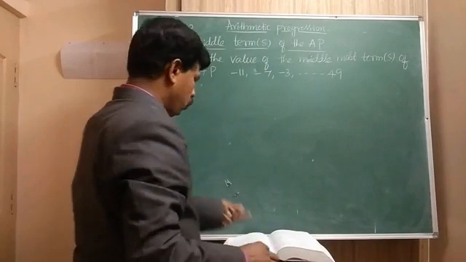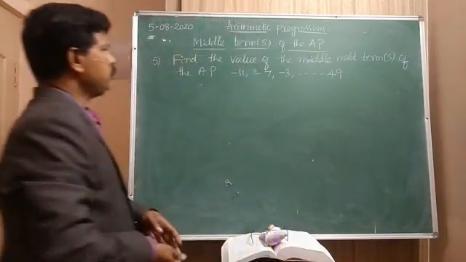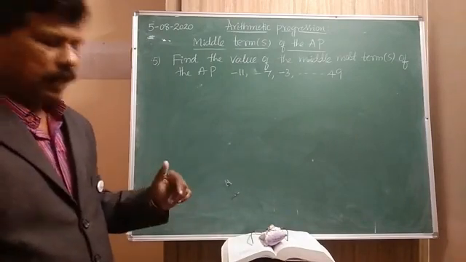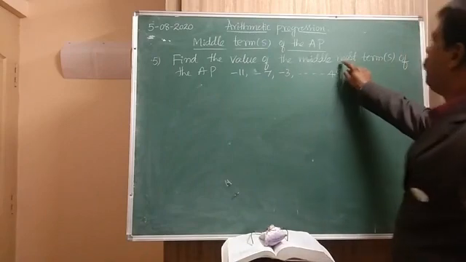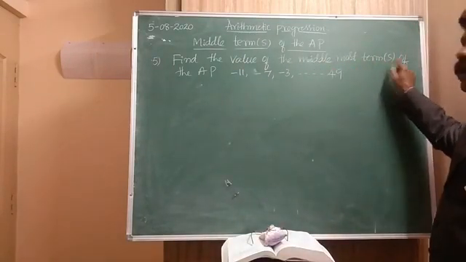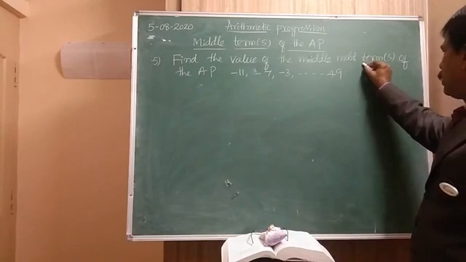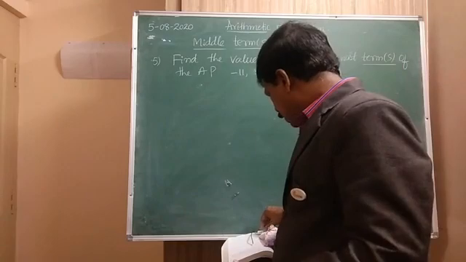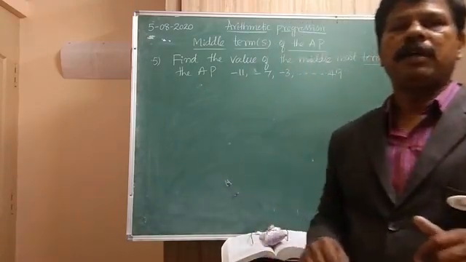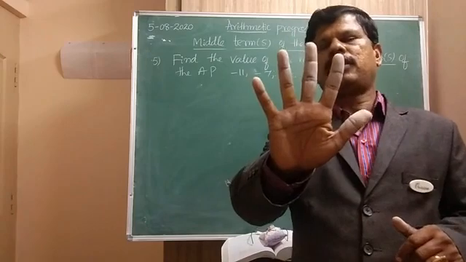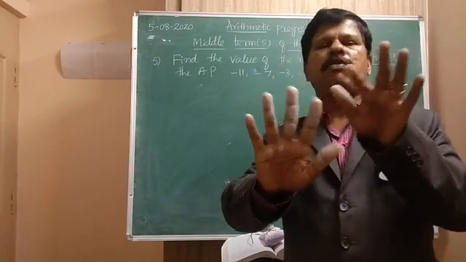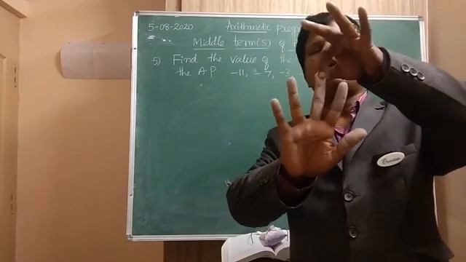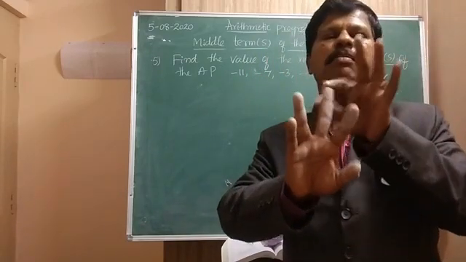Now how to find out this? Now we have to find out the middlemost term. Here look at this. This is a middlemost term or terms. This is very important: term or terms. If the given AP has an odd number of terms, look at this, odd number means 1, 2, 3, 4, 5, you will have only one middle term.